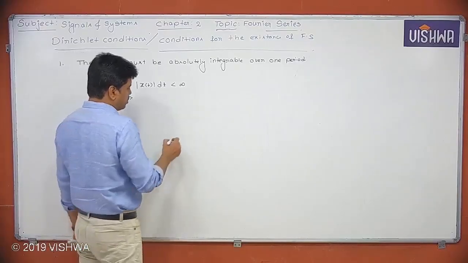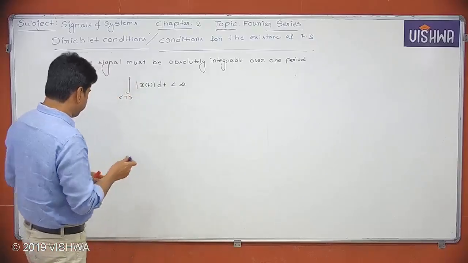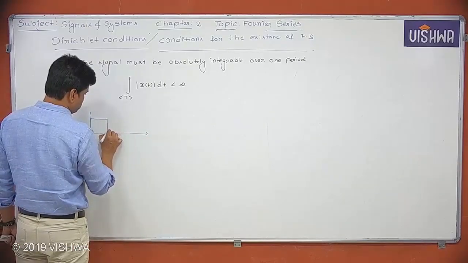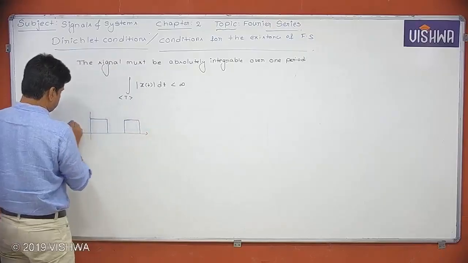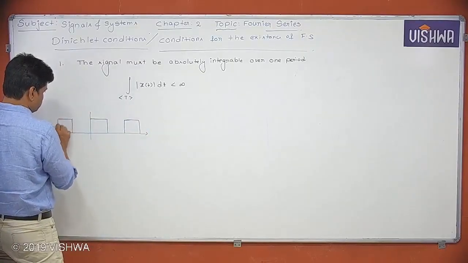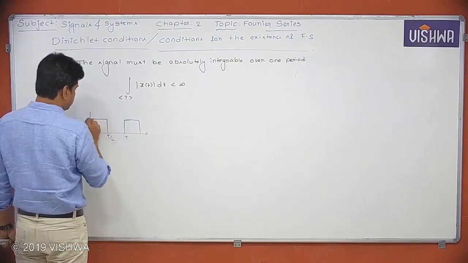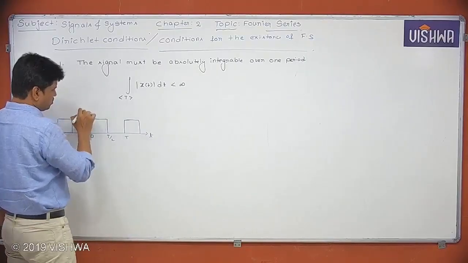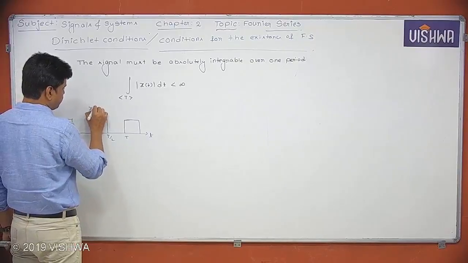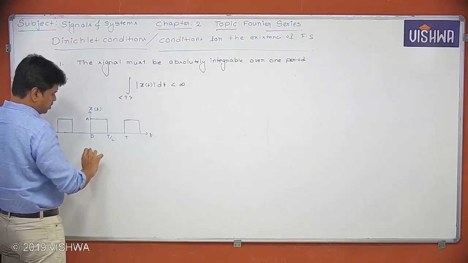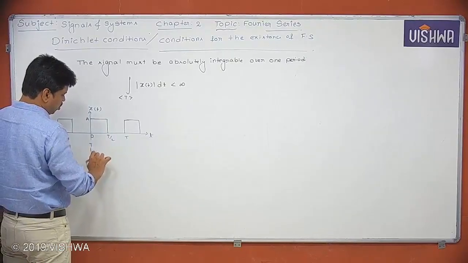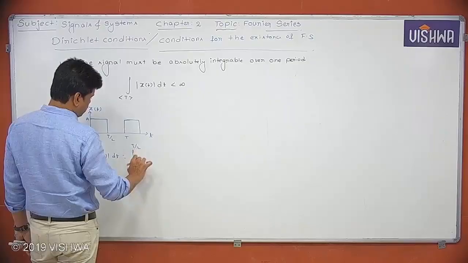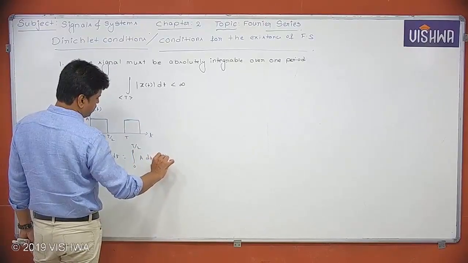Suppose let's take one example. If you consider the integration from 0 to T of mod x of t dt, that is 0 to T by 2 of A dt, finally A T by 2.